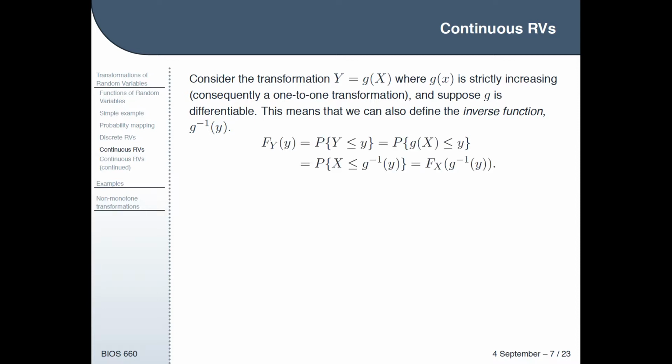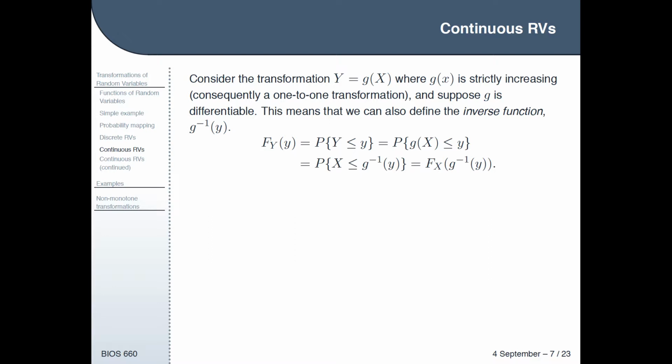To calculate the cumulative distribution function for this derived variable y, we can define it in terms of the inverse function for g, similar to the logic I used earlier: the probability that y is less than or equal to y is the probability that g of x is less than or equal to y, and since g is invertible, that's just the probability that x is less than or equal to g inverse of y.